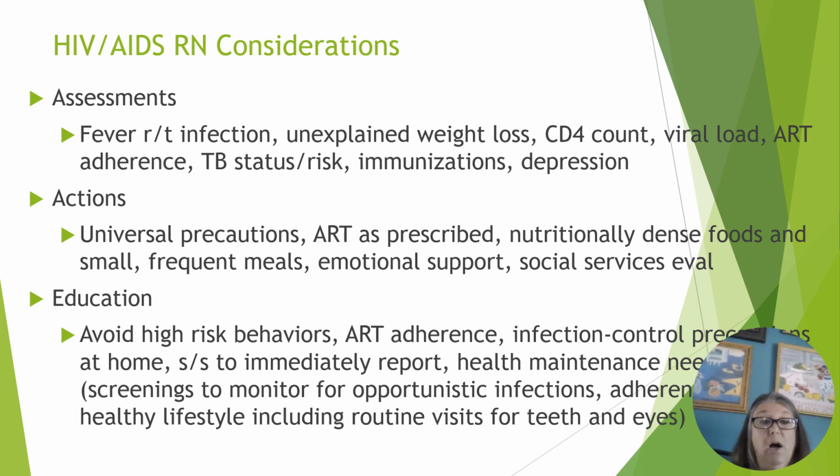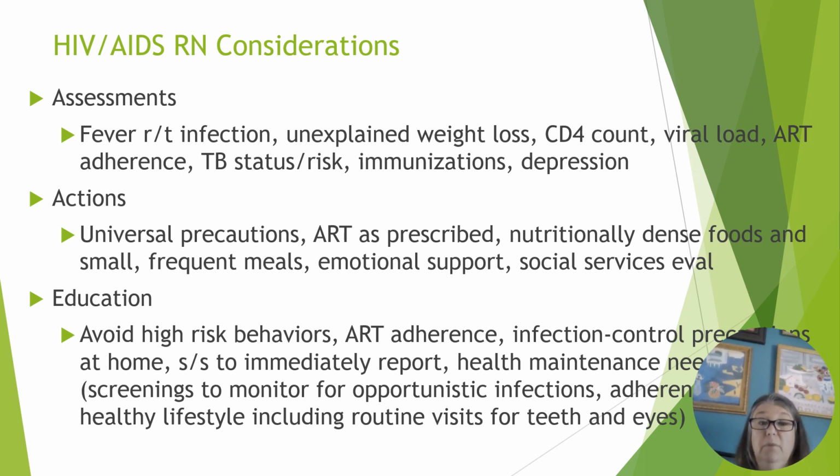ART as prescribed, talked about that. Nutritionally dense meals. We want to make sure that they're not losing weight. And we would be worried about anorexia, small a, so they're not hungry. Nausea or vomiting, because that can lead to dehydration, weight loss, electrolyte imbalances, anything like that that throws the body off is a risk.